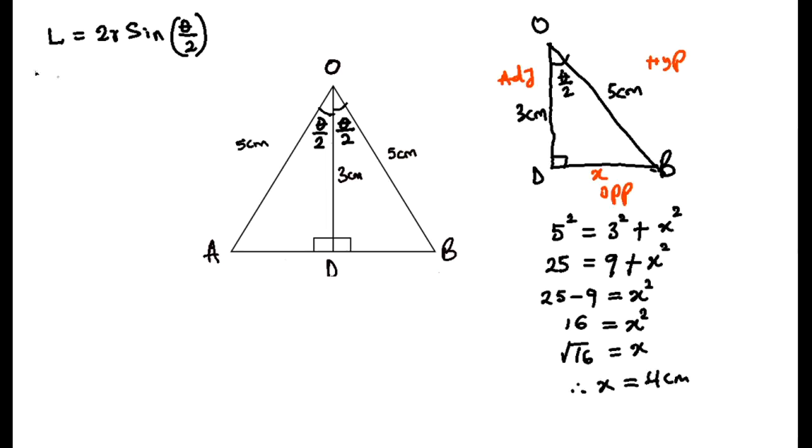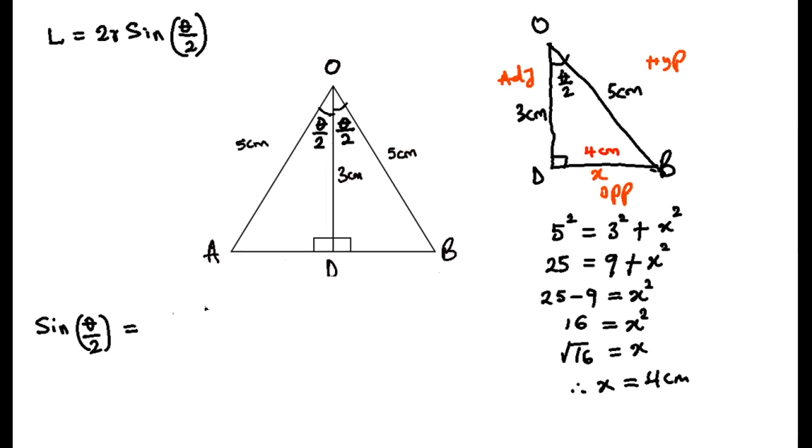So what it means is that here is 4 centimeters. So with this now, it's easier to get this. It's just like a kind of manipulation. So sine theta over 2 is equal to, sine of any angle is opposite over hypotenuse.